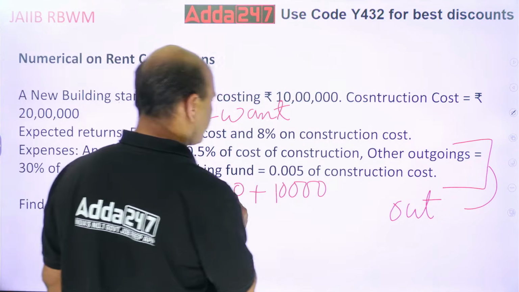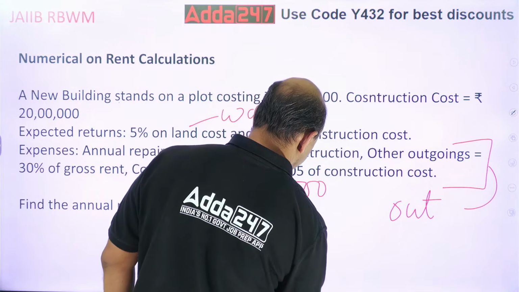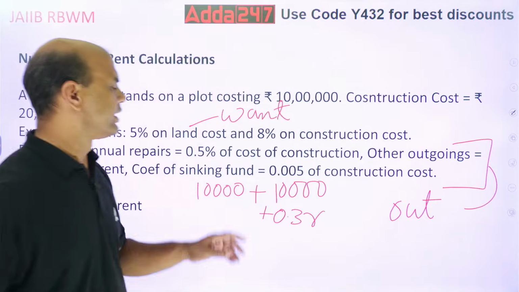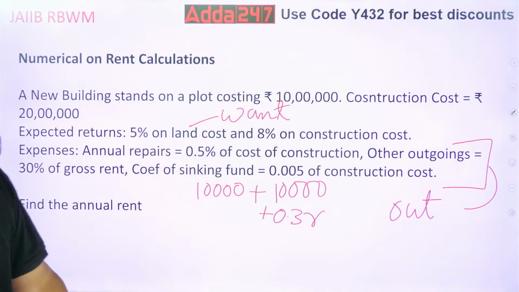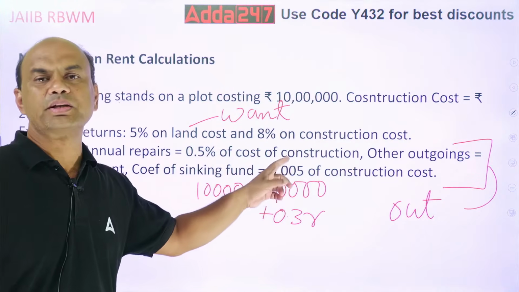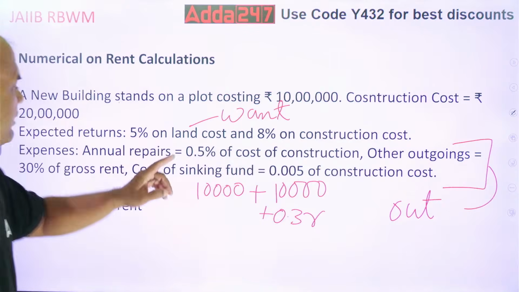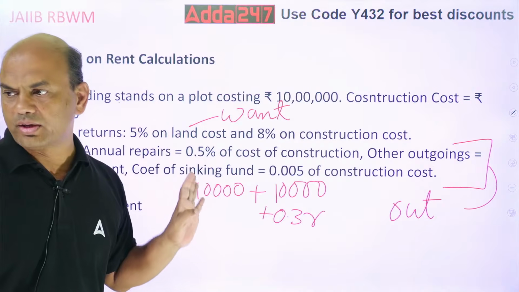So now look at it. What are the outgoings? 1, 2 and the third one is 0.3 into R. This is your total outgoing: 10,000 plus 10,000 plus 0.3R.